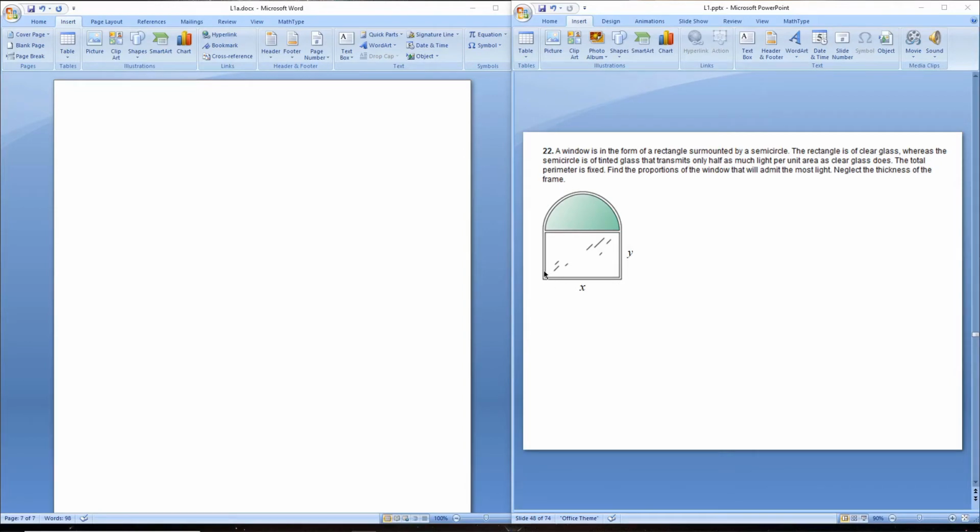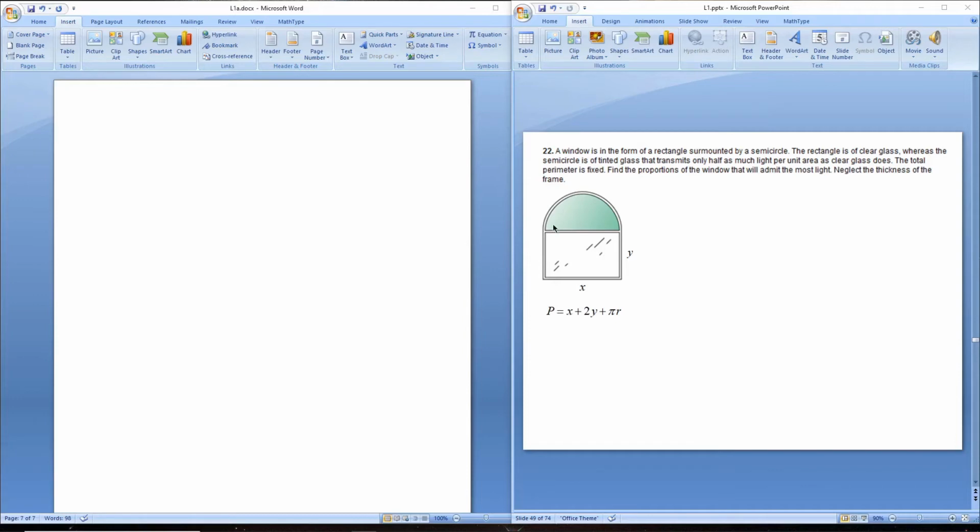So you know perimeter is the length of this line around here. And we can figure that out because we'd have a y plus an x plus a y and then half a circle. So a circle circumference is 2 pi r. We want half of that, so that's just pi r. And that would be our perimeter.